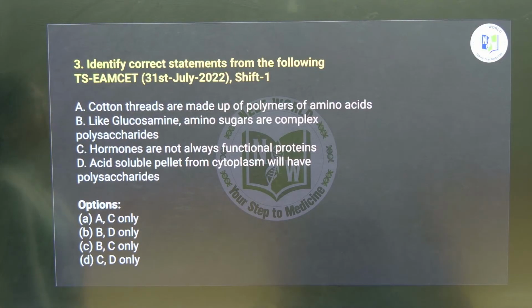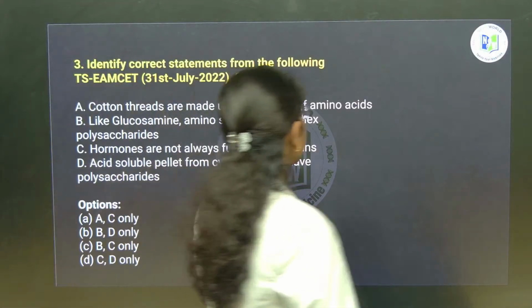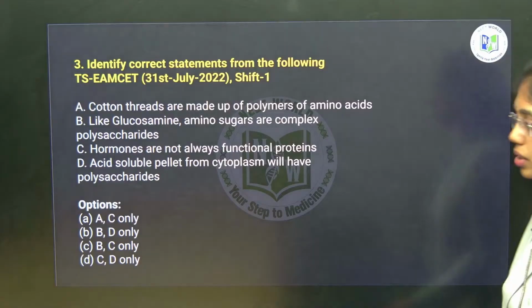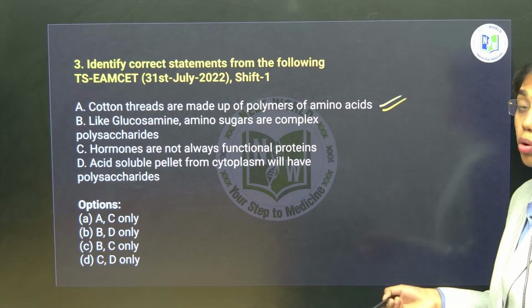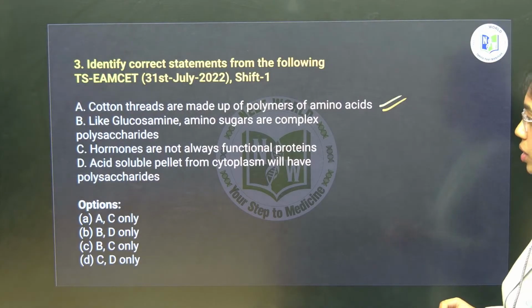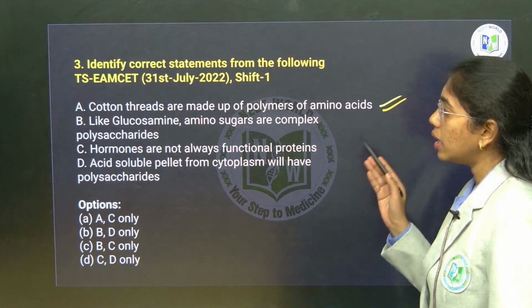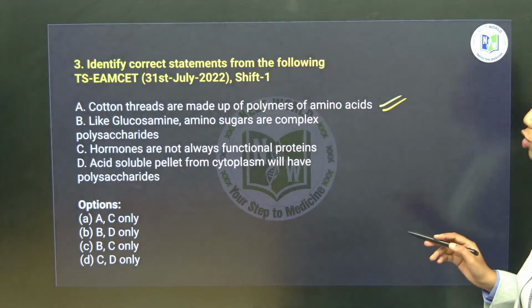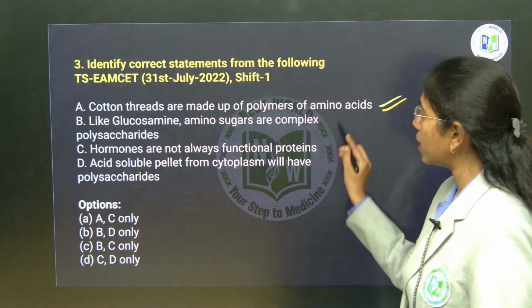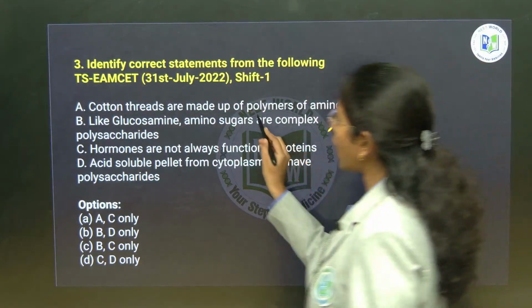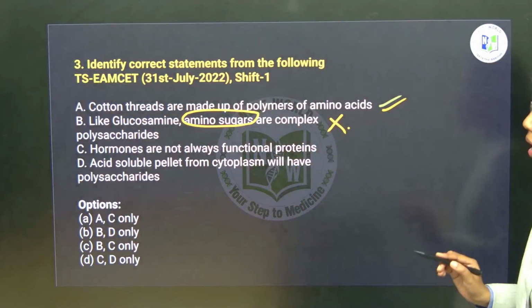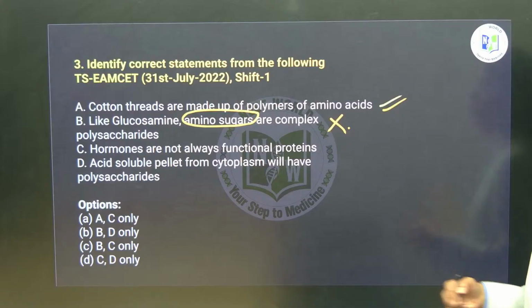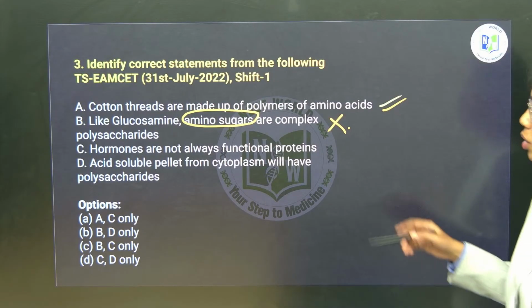Cotton threads are made of polymers of amino acids. Wrong. Cotton threads are made up of cellulose, which is formed from glucose units, not from amino acids. Next, glucosamine, amino sugars are complex polysaccharides. Wrong. Amino sugars are monosaccharides, not complex polysaccharides. Hormones are not always functional proteins. True.